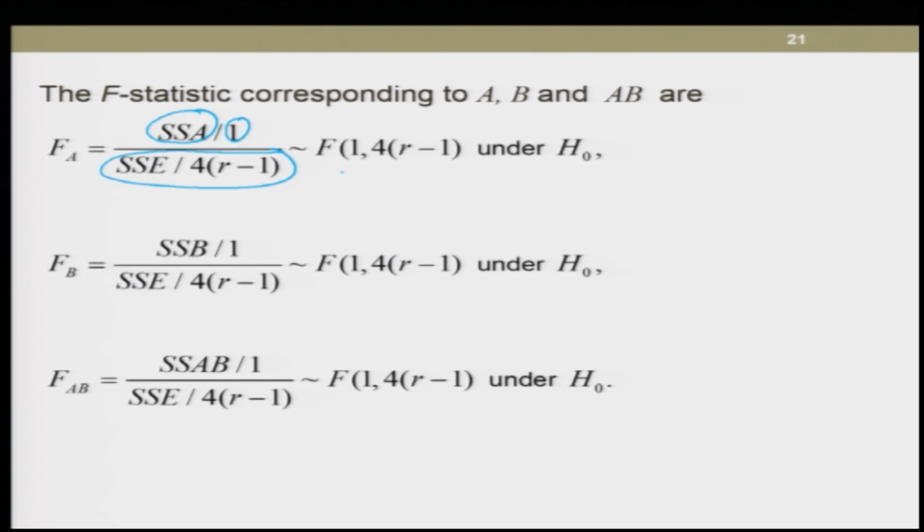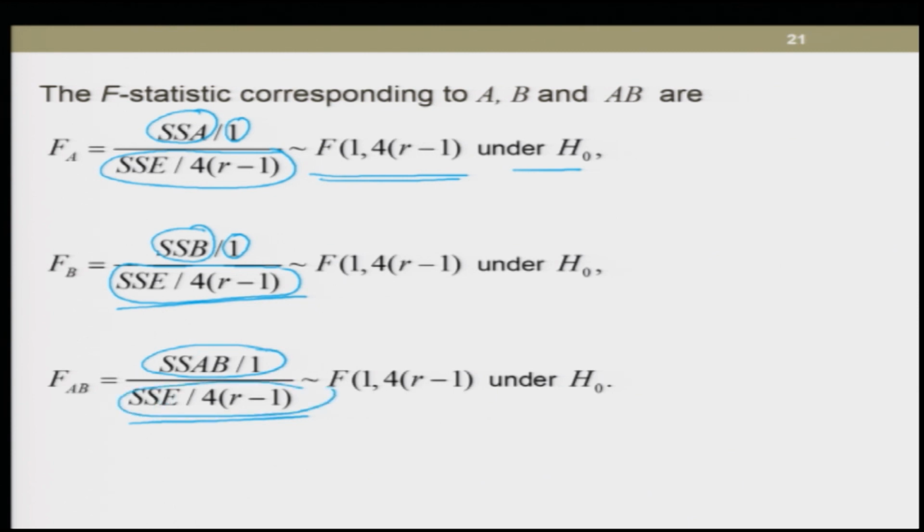That will follow an F distribution with 1 and 4 into r minus 1 degrees of freedom under H naught, and similarly the F statistics for factor B and for the interaction AB can be obtained in exactly the same way. For example, in the case of B, this is SSB divided by degrees of freedom 1, divided by MSE, which is the same as SSE divided by its degrees of freedom, and in case of AB, that is the sum of squares due to AB divided by its degrees of freedom, divided by the sum of squares due to error divided by its degrees of freedom.